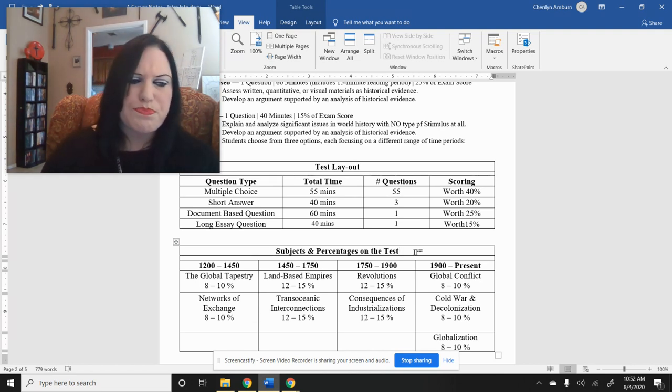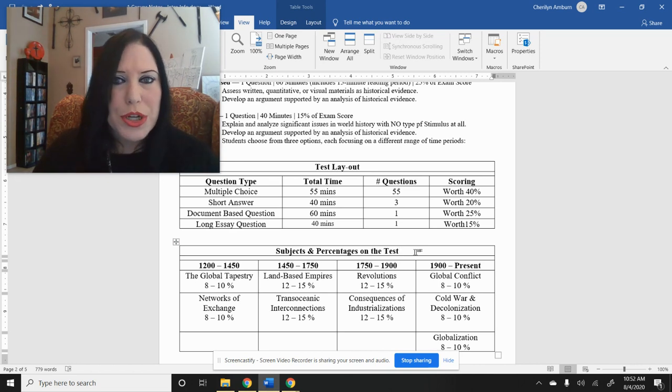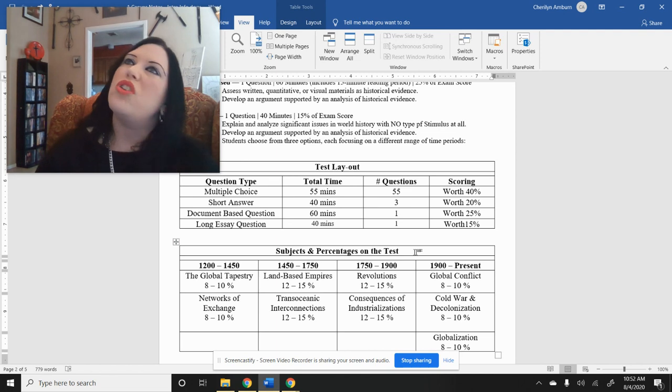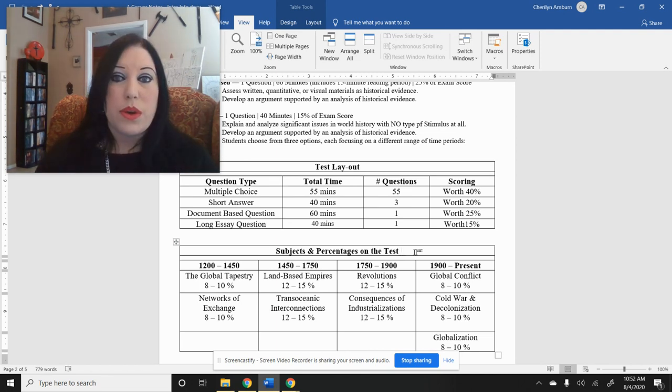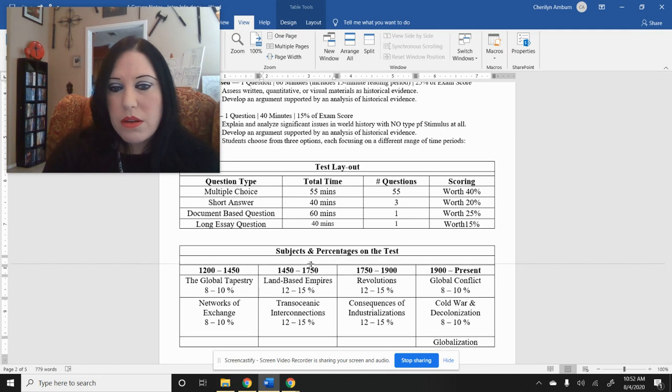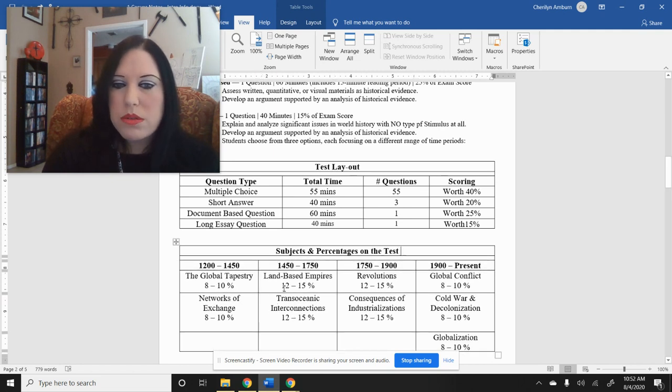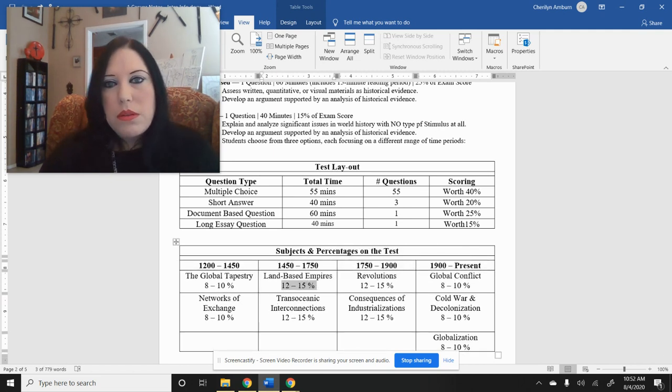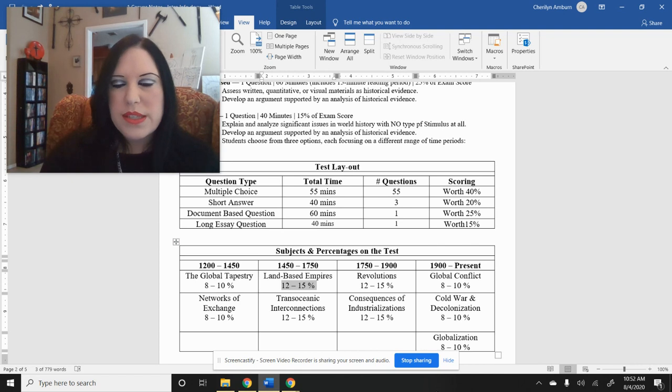We will deal with transoceanic interconnections. That's the period of exploration, Columbus and the conquistadors and all that. And if you look, this time period right here is worth more. Not worth more, it's going to be on the test more, 12 to 15%.